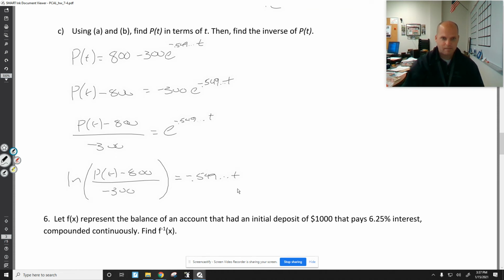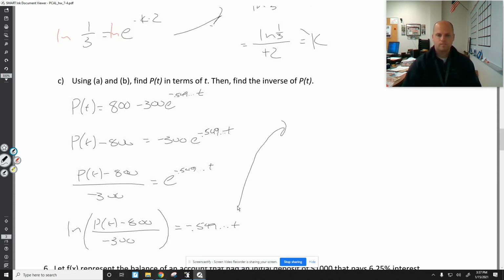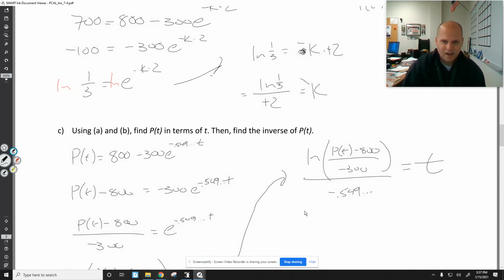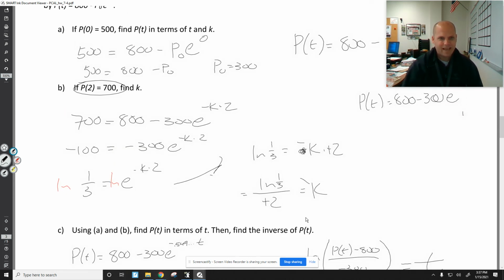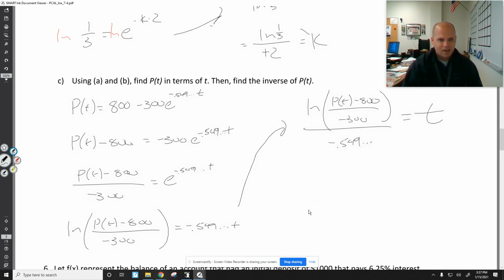And then divide by that. So this is how you find the years based on that. Find the inverse of P of t. I feel like that is the inverse of P of t.